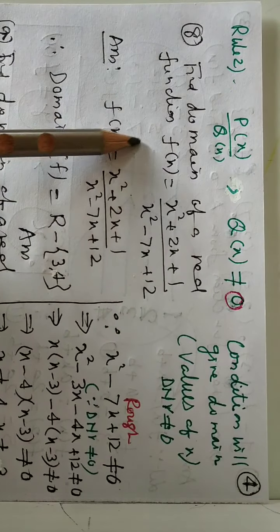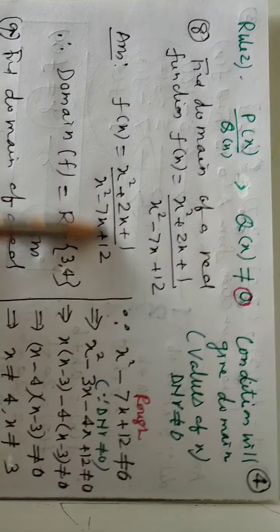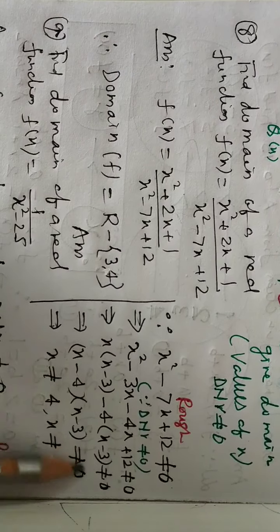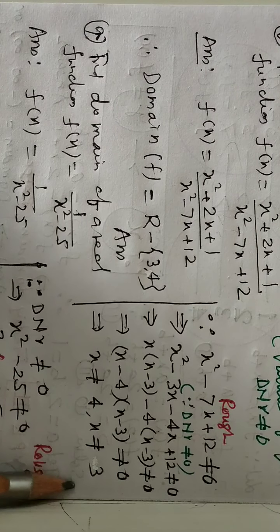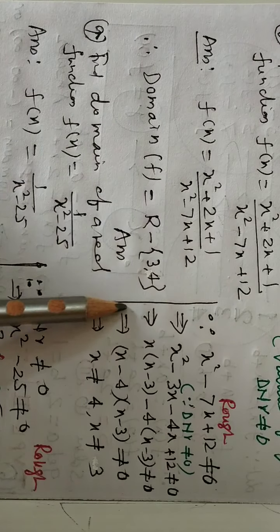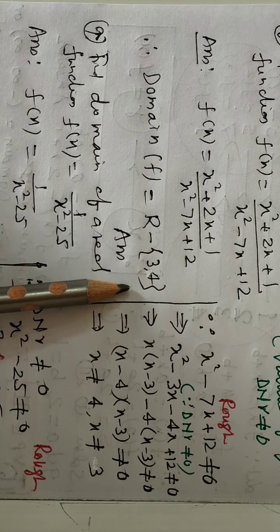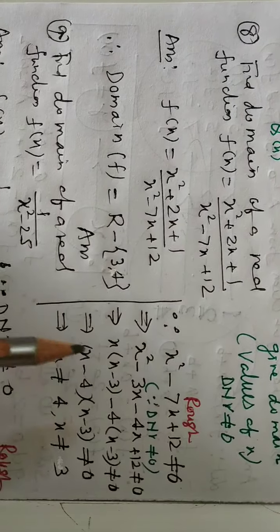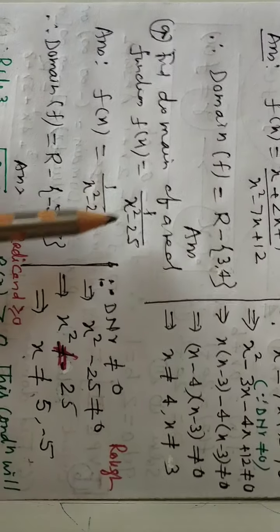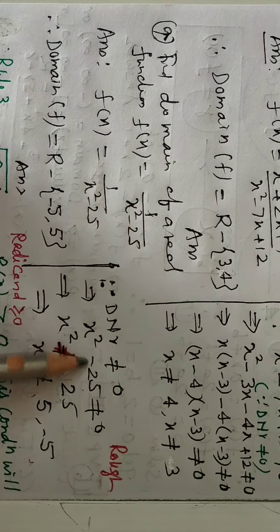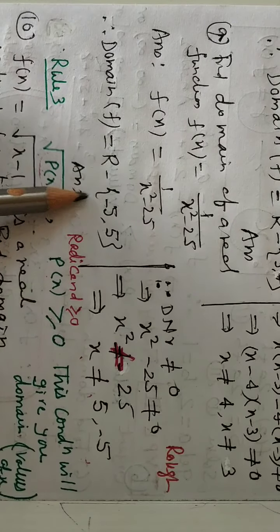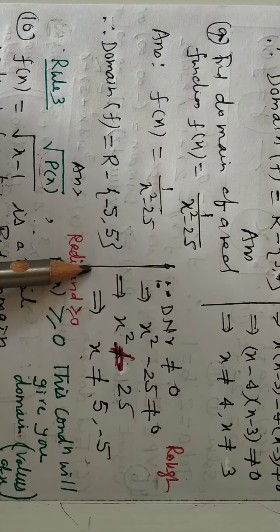So let us find the domain. Since the denominator is not 0, break the middle term and get x is not 4, x is not 3. So the domain is equal to real numbers minus {3, 4}. This is rule 2, p(x) by q(x), denominator not 0. Similarly, here the denominator is not 0. So x is not equal to 5 and minus 5. So the domain is R, real numbers minus {5, minus 5}.